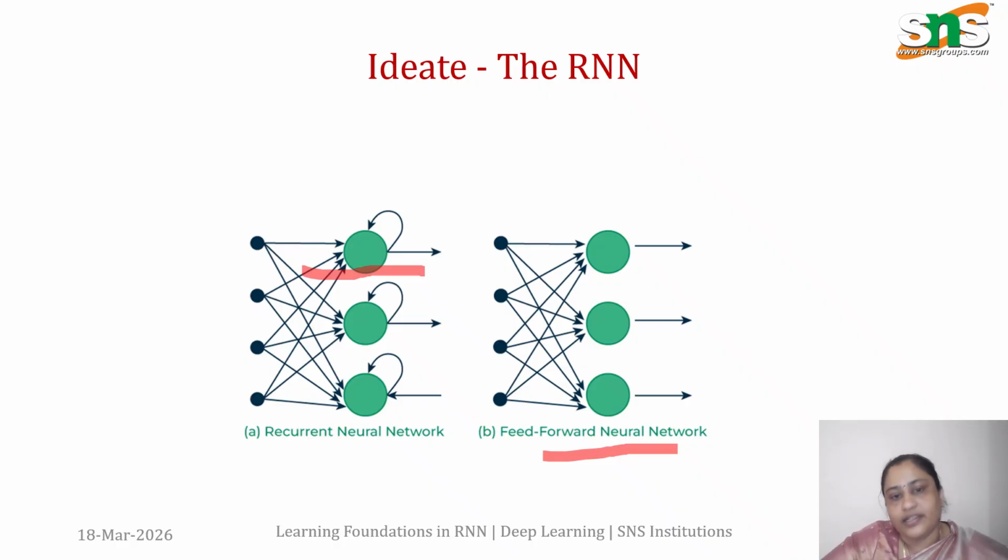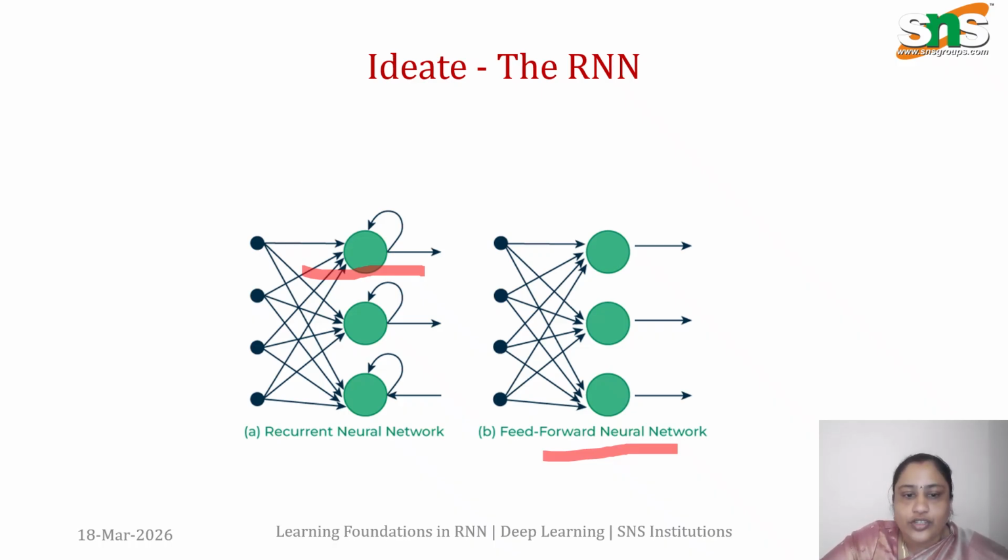In the current time step, the RNN takes the input from the present time step, as well as the previous time step's information, and only then does it process the information. That is why we are giving it in a looping structure format.